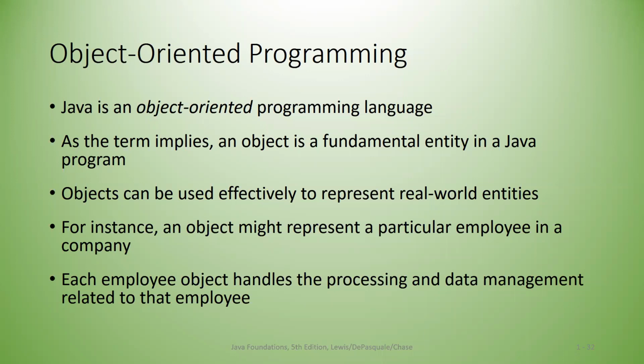Each employee object handles data management related to that employee. This is very abstract. That's why I am reading it. It requires maybe a whole period of class to really explain the concepts. It's a difficult and abstract concept to understand.